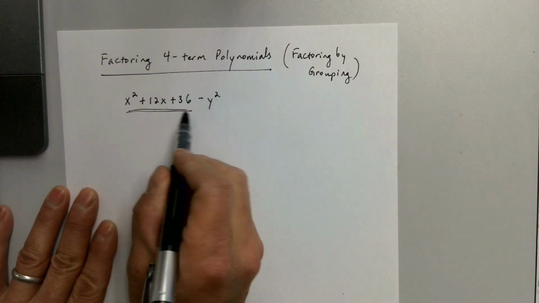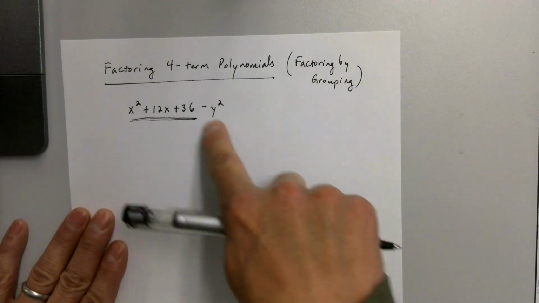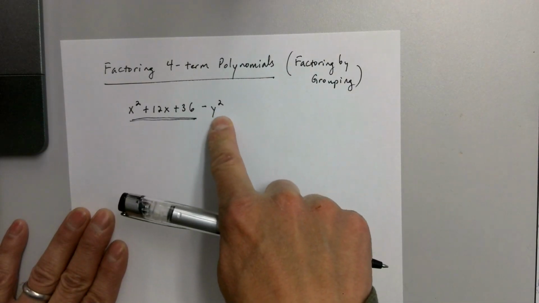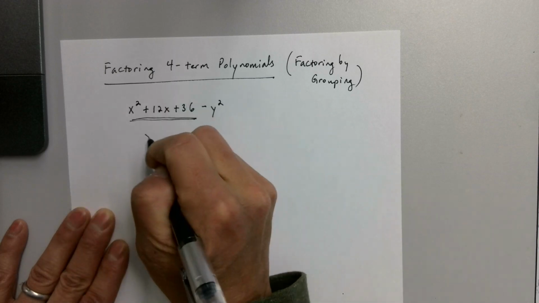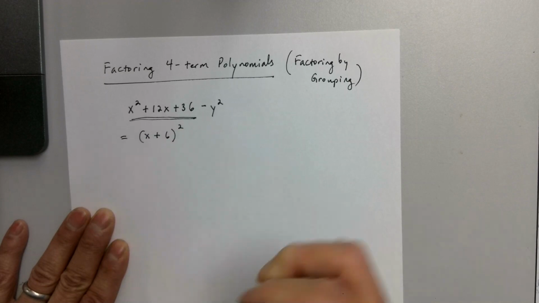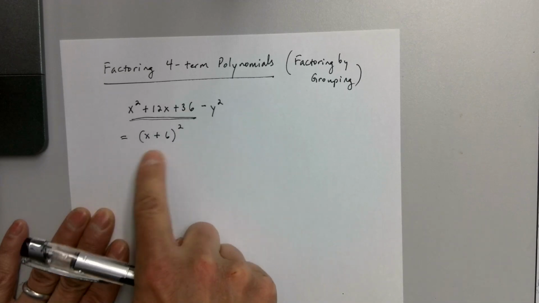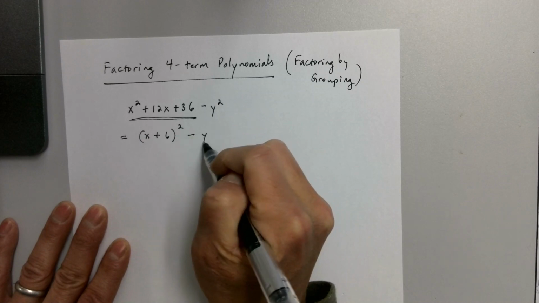These first three terms do. So let's not worry about the minus y squared for the moment and just factor the trinomial. The trinomial factors this way: a plus b squared, x plus 6 squared. And I still have that minus y squared there.